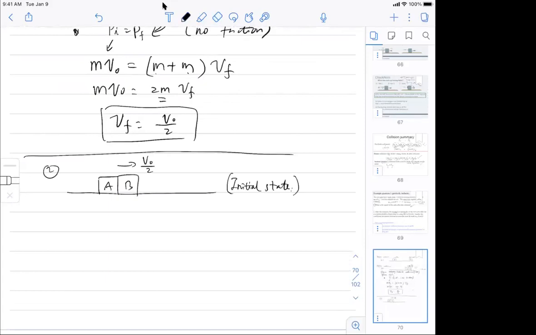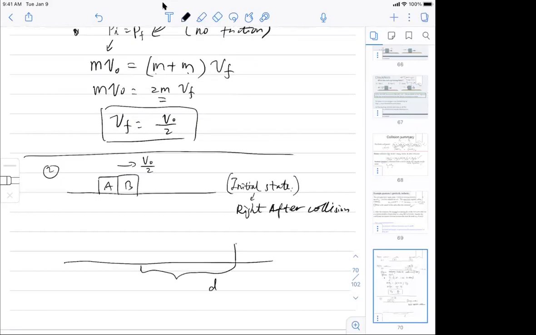It's not the initial state for the whole problem, it's the initial state for the second problem, which means right after collision. They just started sliding, right? After collision, they slide for some distance d, and they stopped. So this is my final state, that they stopped.